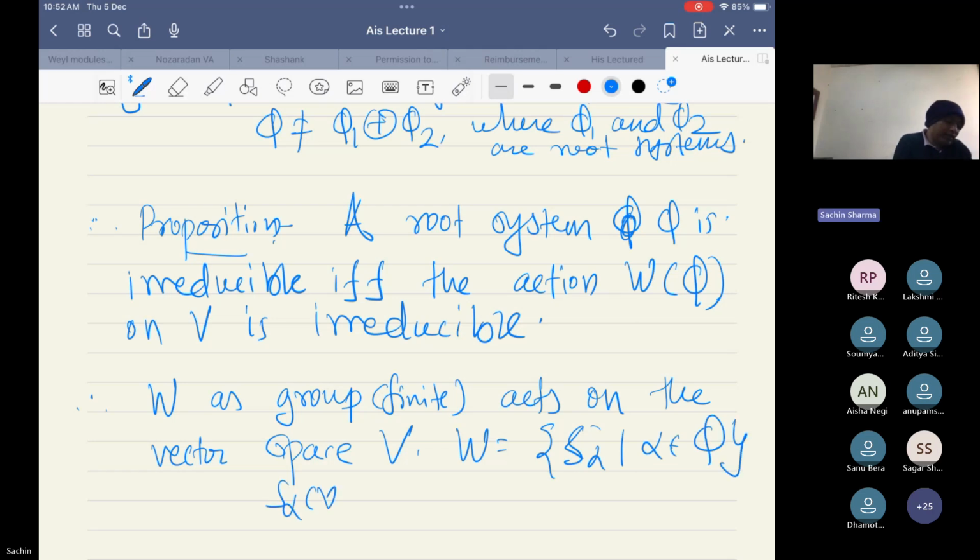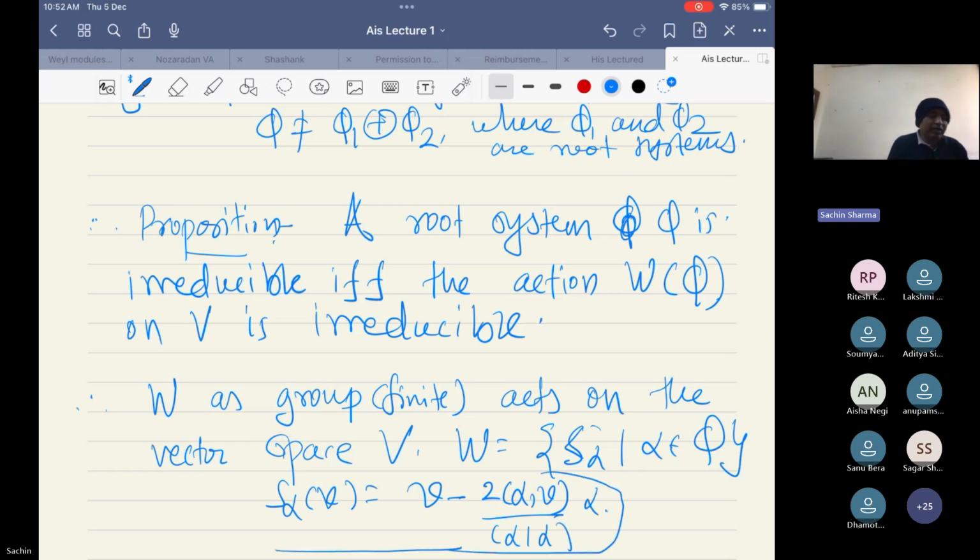S alpha of v is just v minus 2 times (v, alpha) over (alpha, alpha) times alpha. This is the action, and that's how V becomes your representation.